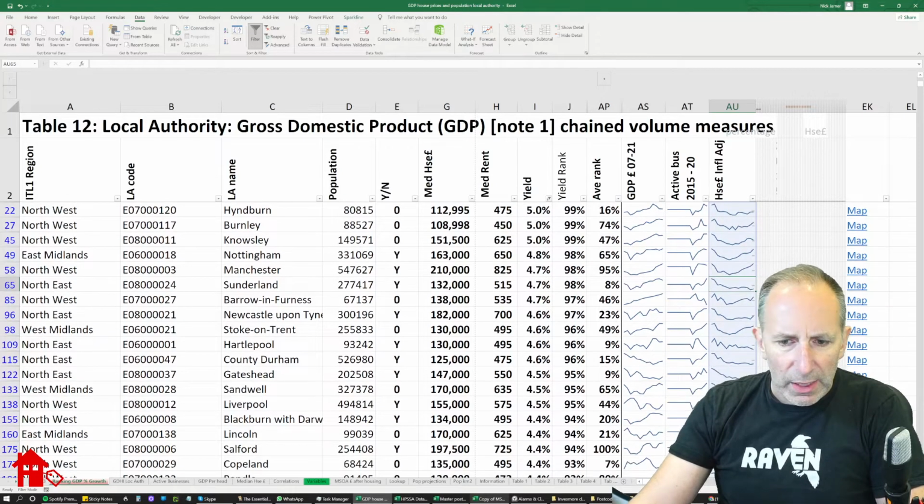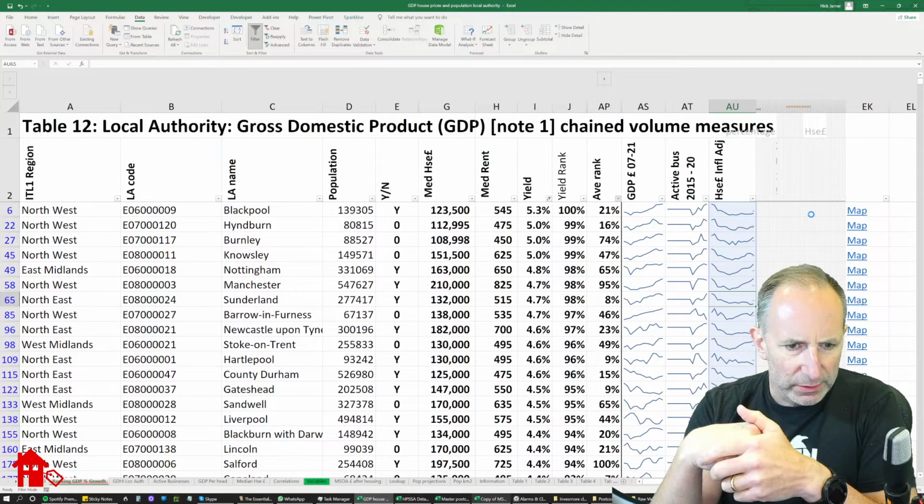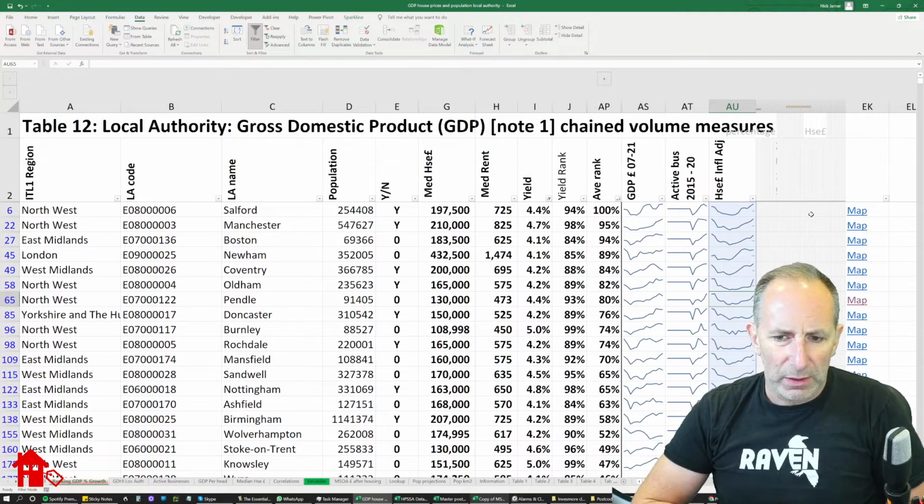So right, I have a ranking system, and I'll just go largest to smallest on my ranking. My point about a lot of these areas like Sunderland, Barrow-in-Furness, and so on is that if there's a correlation between growing GDP, growing number of businesses, and flatlining house prices, then I'm interested because I think there may be some value.